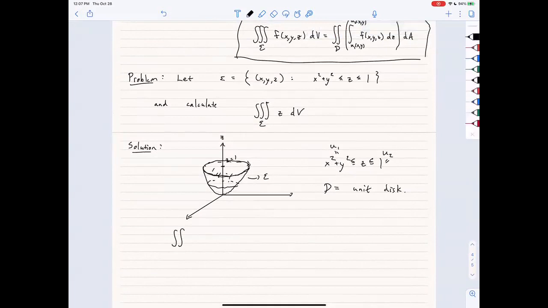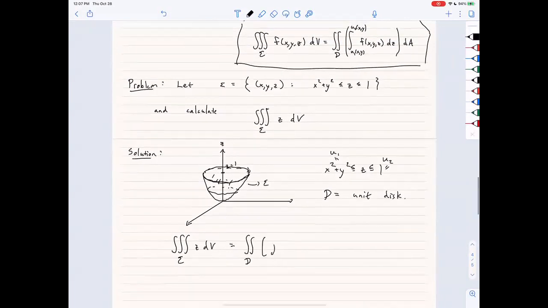So we've got the function z dV, and I'm going to write it as a double integral over our unit disk of this integral with respect to z. Here our lower bound is x squared plus y squared, our upper bound is 1. We're integrating z dz dA.